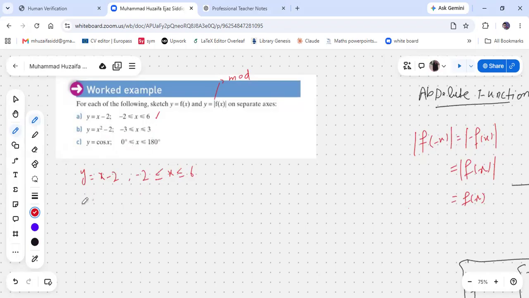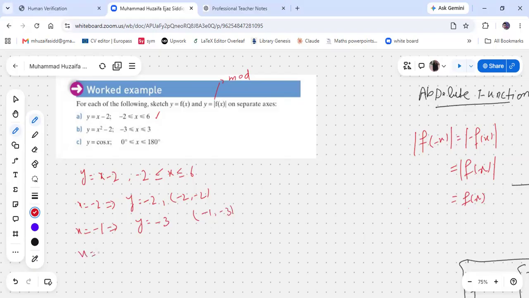Putting x is equal to minus 2 gives y is equal to minus 4, so our ordered pair is minus 2 and minus 4. When we put x is equal to minus 1, y is equal to minus 1 minus 2, which is minus 3. So our ordered pair is minus 1 and minus 3.